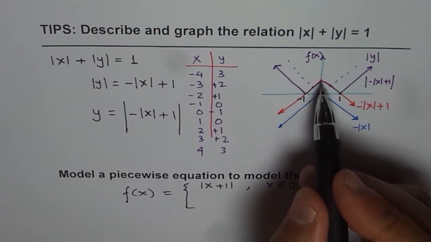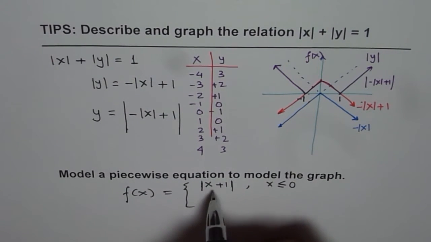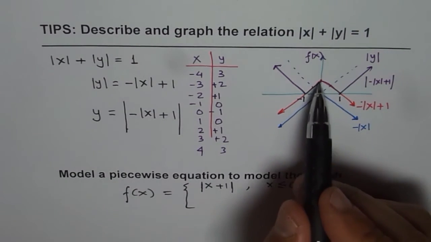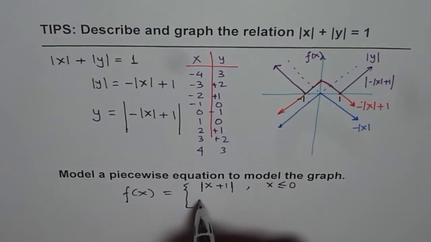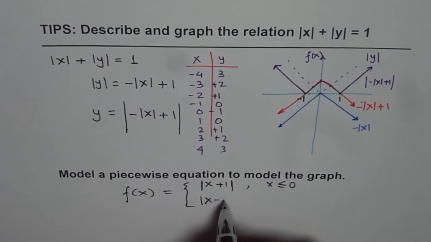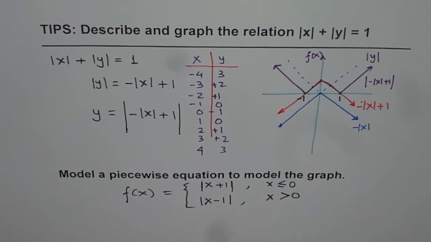But the other half is when x is greater than 0, so that is absolute value of x minus 1 when x is greater than 0. So that is how you can, from the graph, get an equation which will represent your function.